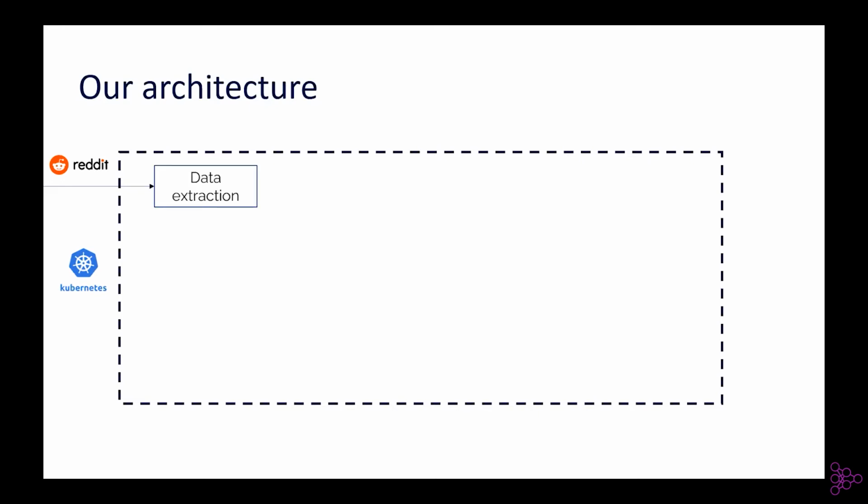Then we have a module that will do the data extraction and upload our data. Then we have the module that will do the data pre-processing, because in a retraining pipeline, you need to define the data extraction step. Then you need to define the data pre-processing step, because you need to know what transformations you potentially want to do on your data.